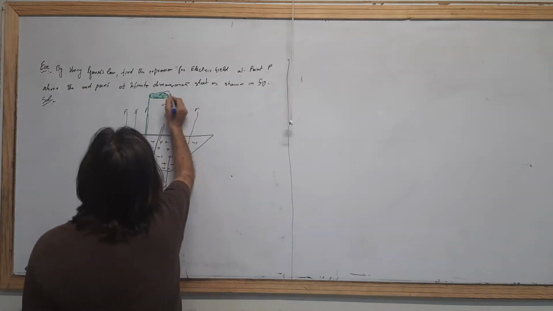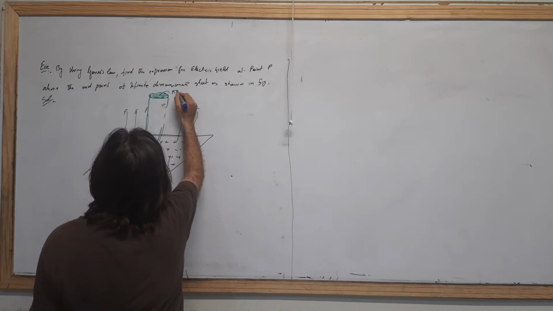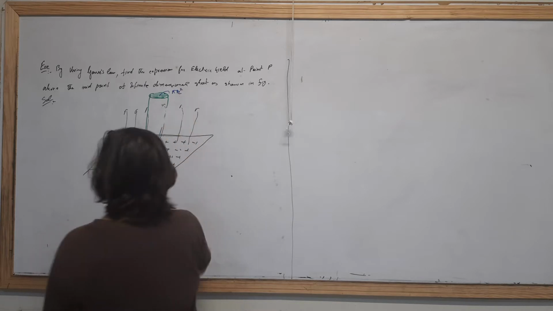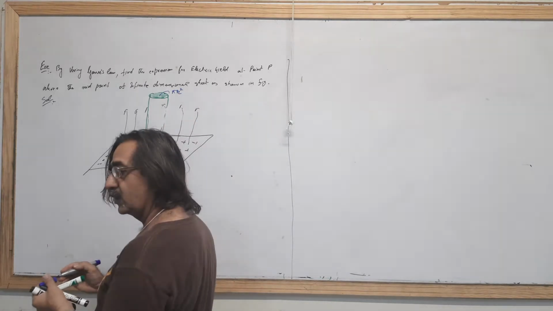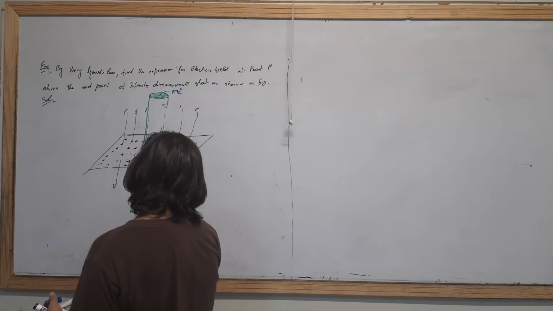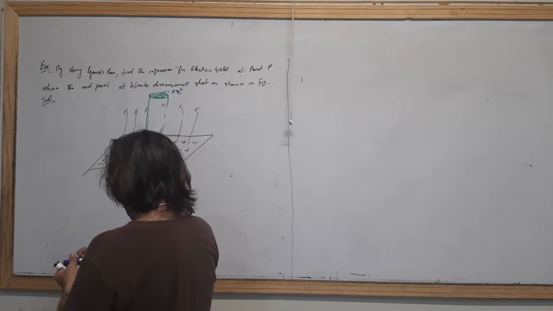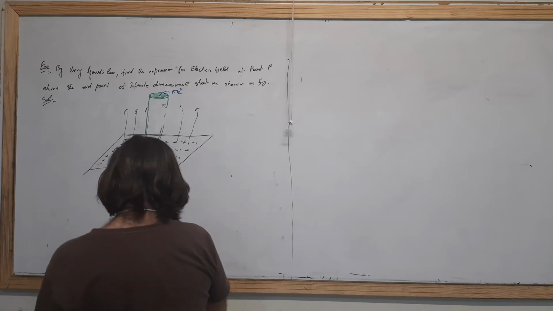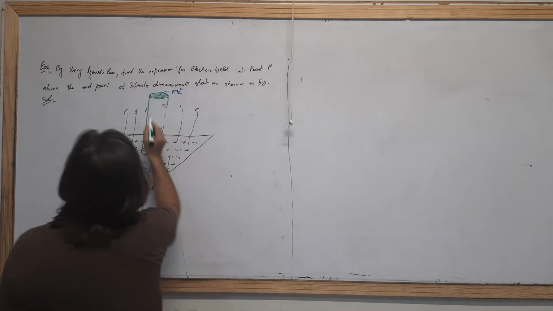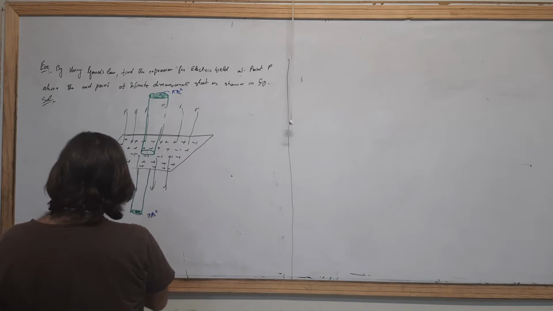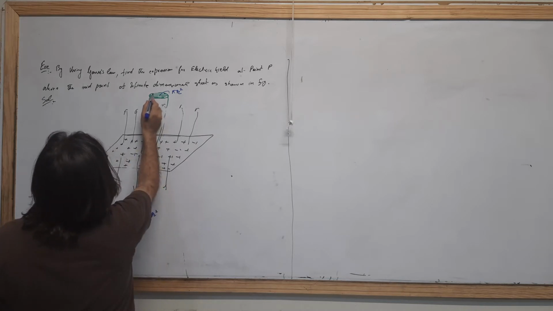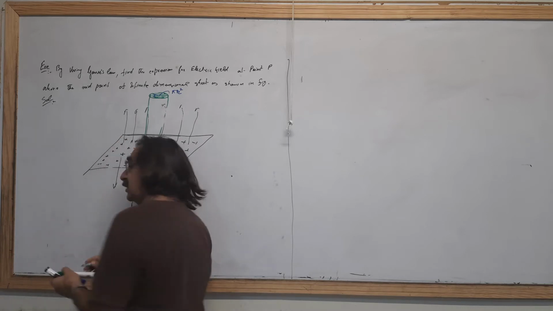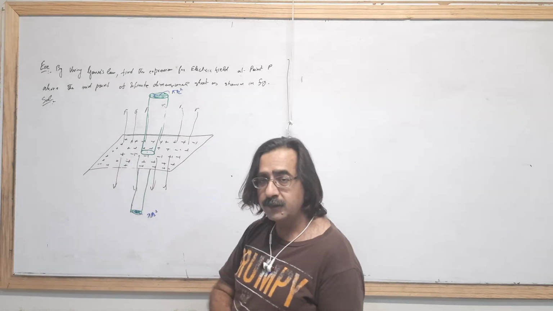This area is pi r squared for both sides, where r is the radius of the circle.